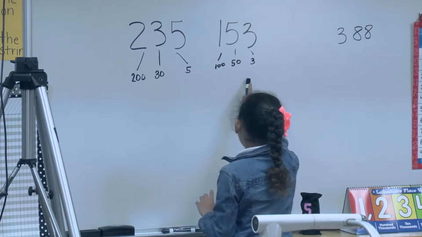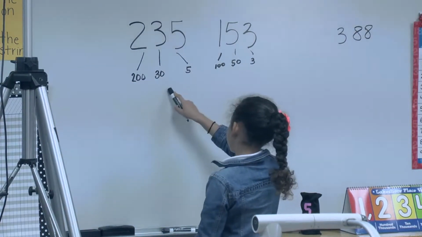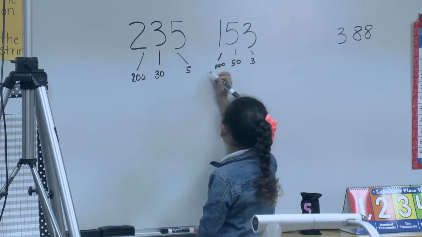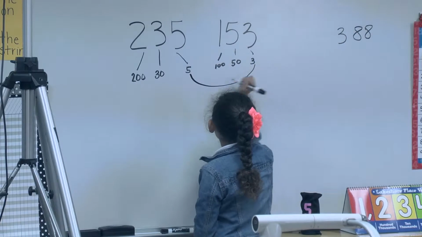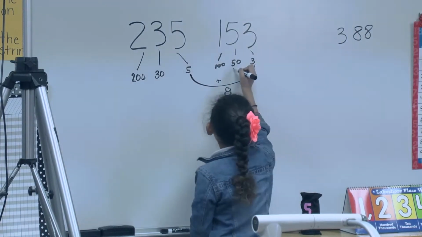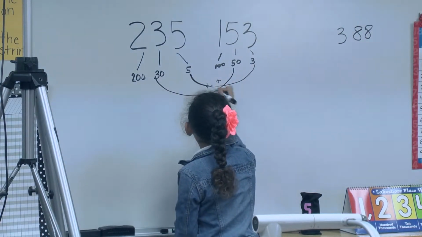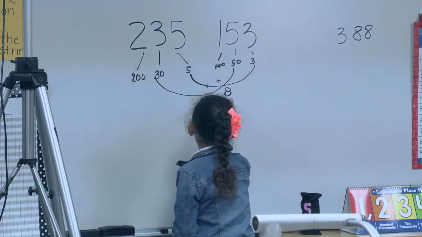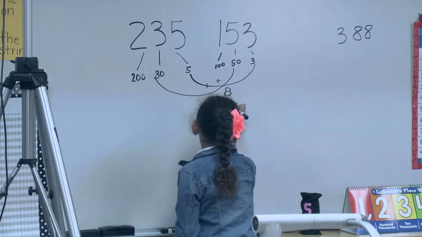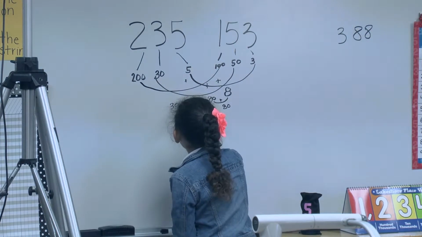Then I started off with the ones because if that number was a 5 and you started with some other number, you would get the wrong answer. So I started with the ones, and 5 plus 3 equals 8. And then I do the 10s, and 50 plus 30 equals 80. And I added those two, it equals 88, so it's really fast now. And I added those and it equals 300.